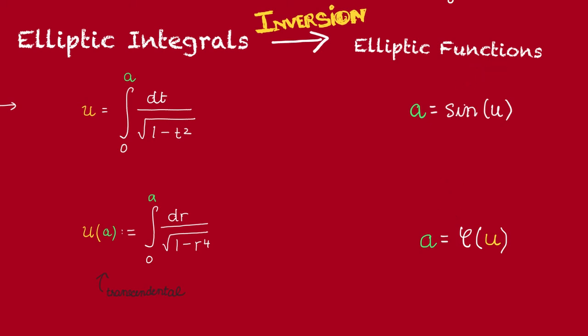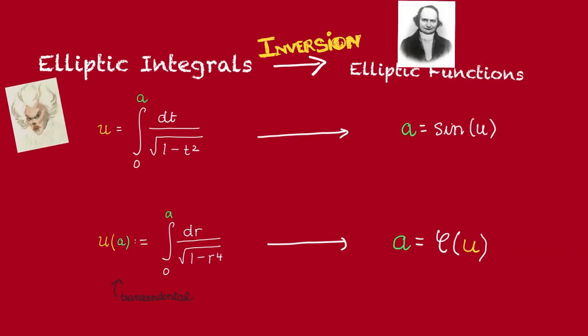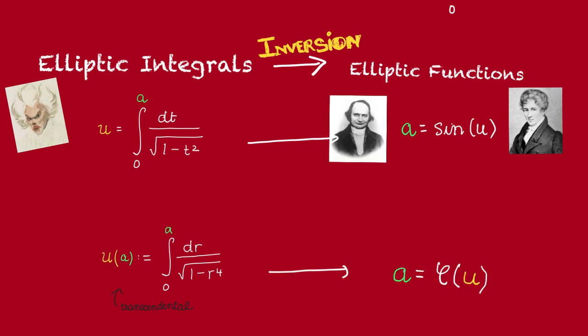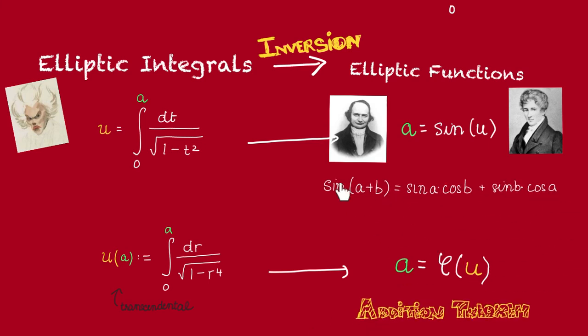We call these functions elliptic functions. Unlike Legendre, who focused on elliptic integrals, Jacobi and Abel focused on elliptic functions. Since these elliptic functions are generalizations of trig functions, we would expect them to have some similar properties to trig functions. For example, there should be some kind of addition theorem, generalizing the addition law for trig functions.